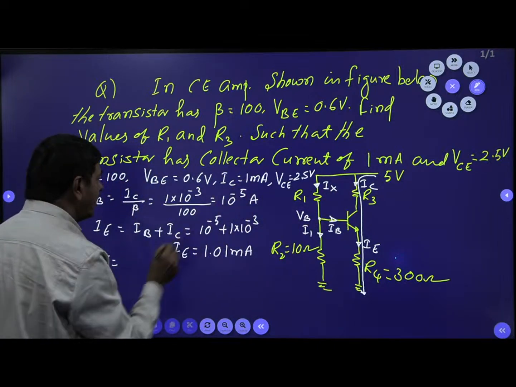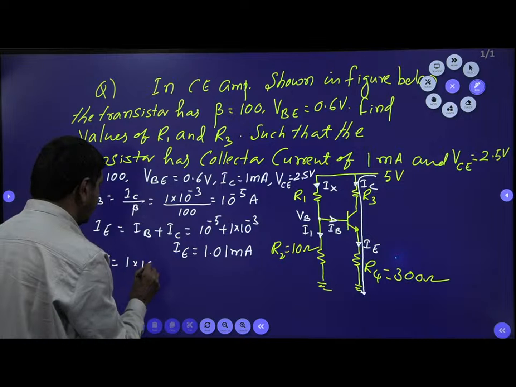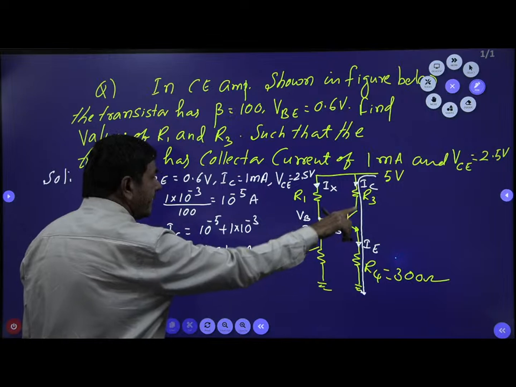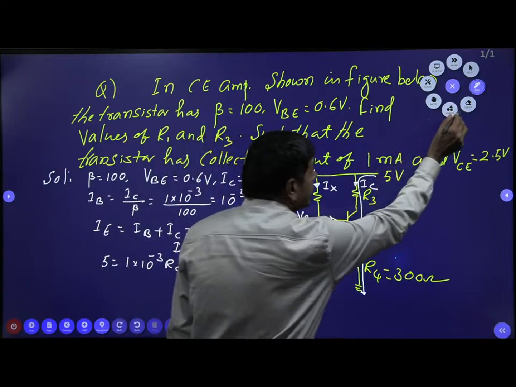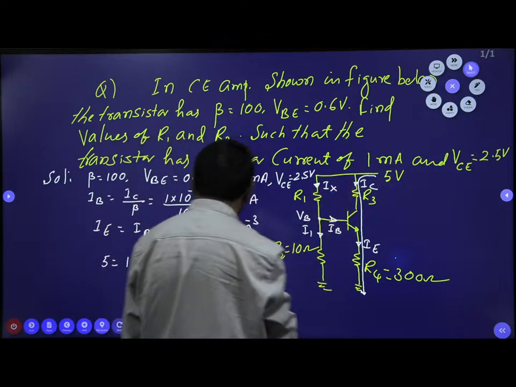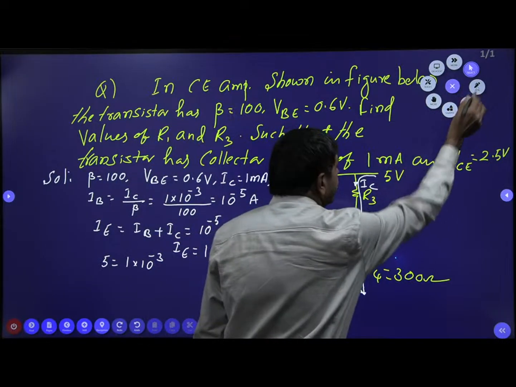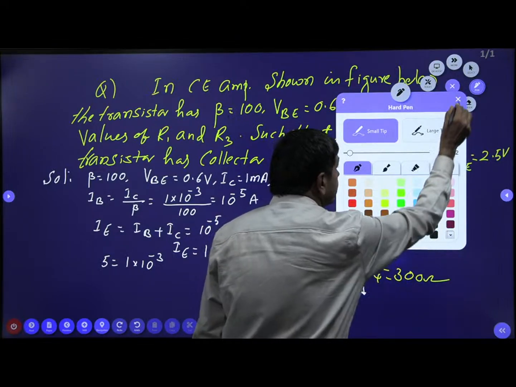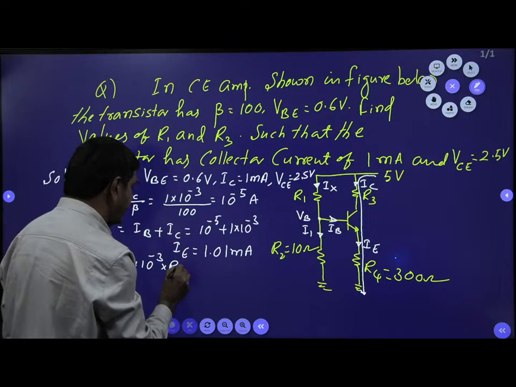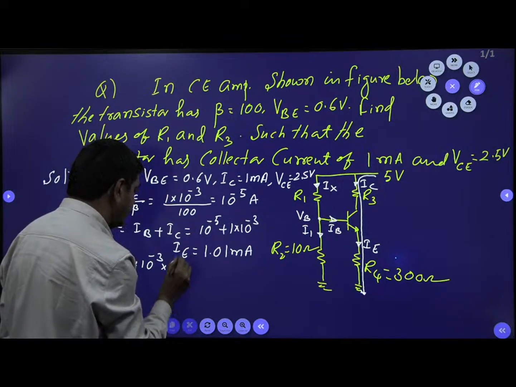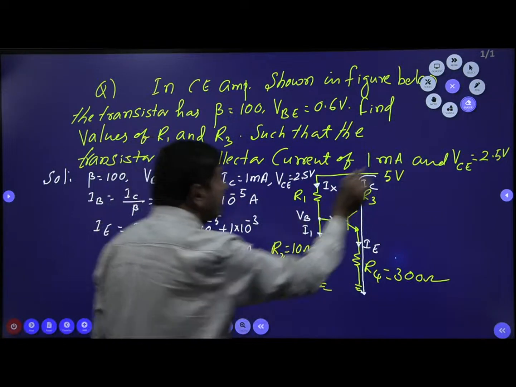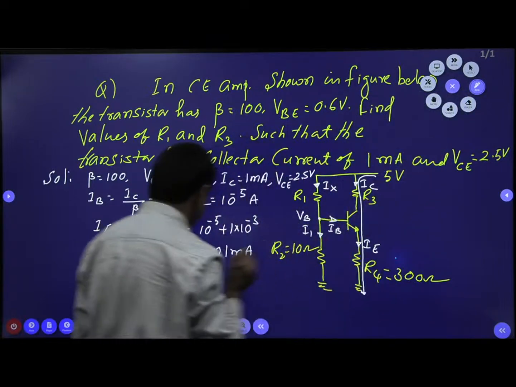IC we got as 1 milliampere, 1 into 10 power minus 3, into R3. This is R3, given here now.